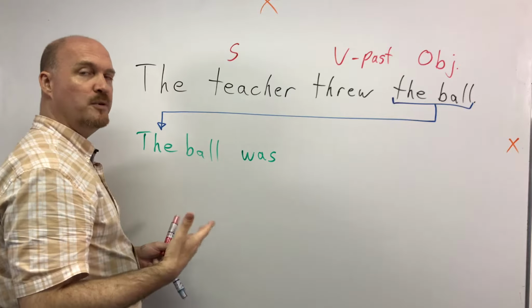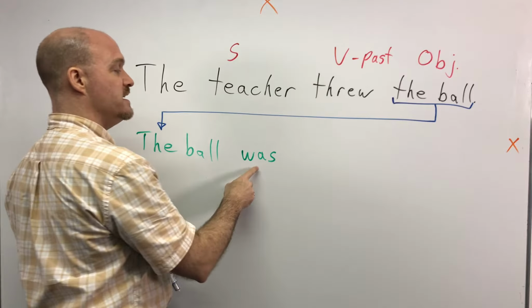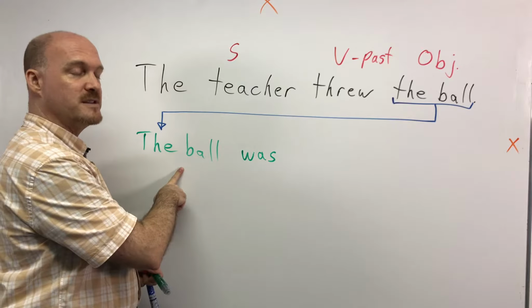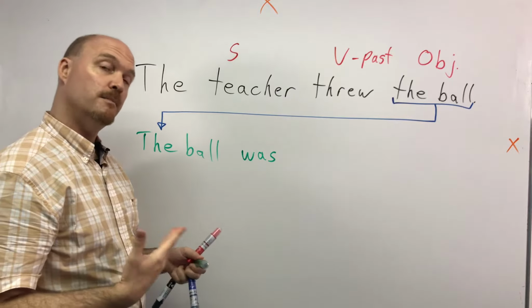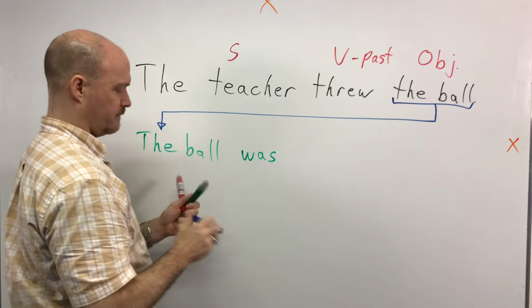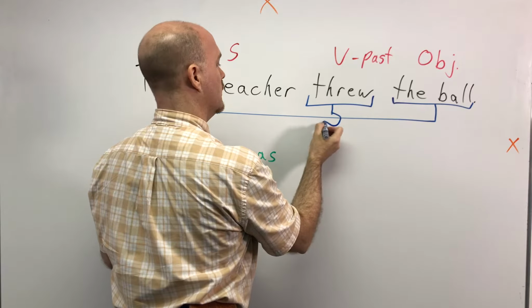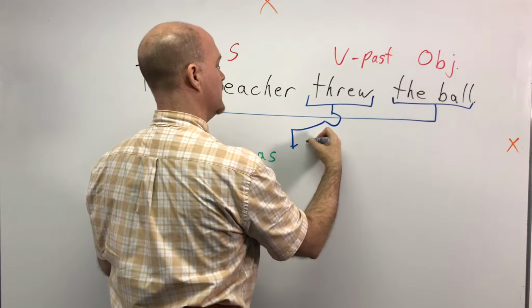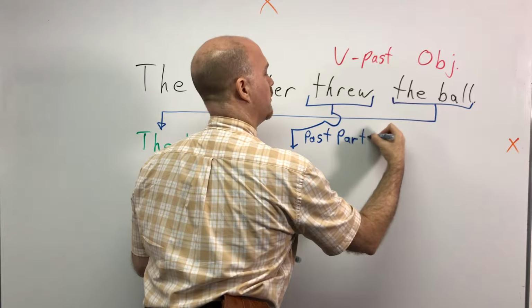Next, we have to put the original verb in. But because we've already changed this verb to match this, we now have to use a different form. We use the past participle form. So we take the old verb and we add it to the new sentence in the past participle.